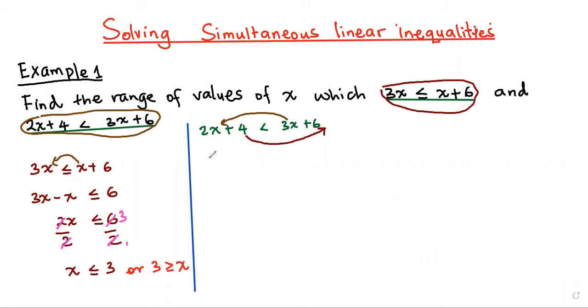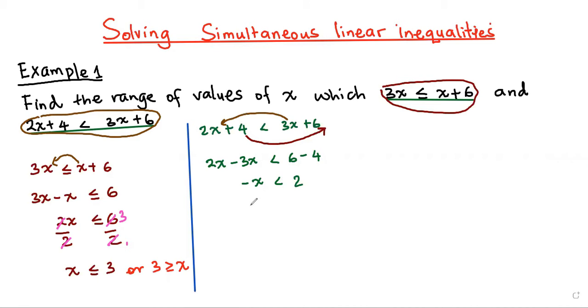So it means that we are going to have 2x minus 3x is less than 6 minus 4. Is that okay? Yes. You see that 2x minus 3x, we get negative x, which is less than 6 minus 4, which is 2.